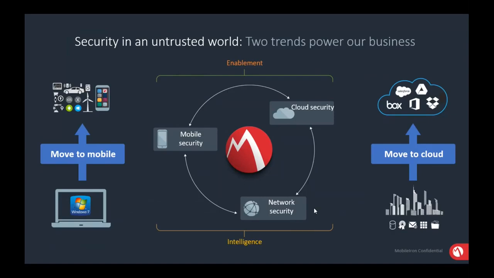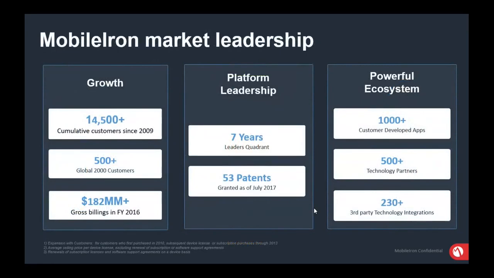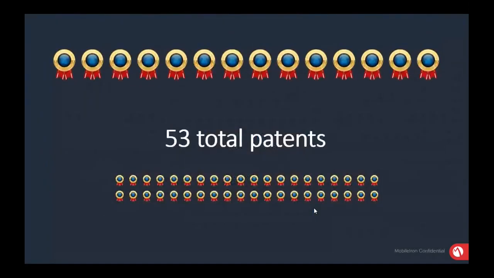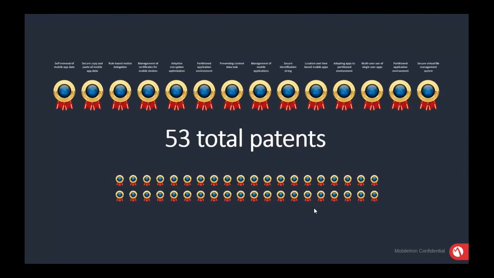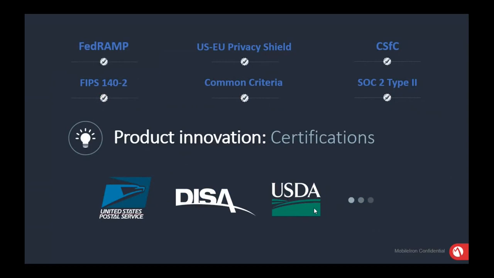So now it's not only the admin's job to secure the infrastructure, they also need to make sure users are accessing the data securely. With MobileIron, we have more than 15,000 customers, we have been leaders for the past 7 years, and we hold 53 patents for the solution. And these are the certificates trusted by MobileIron.